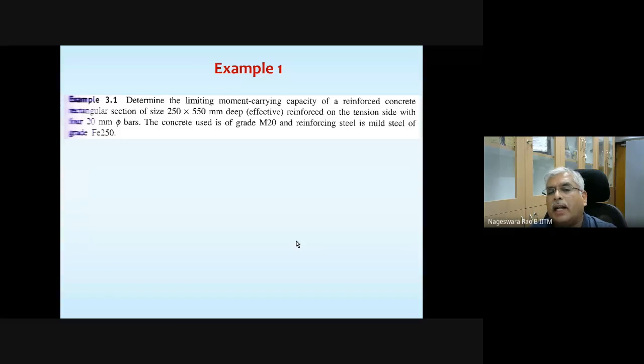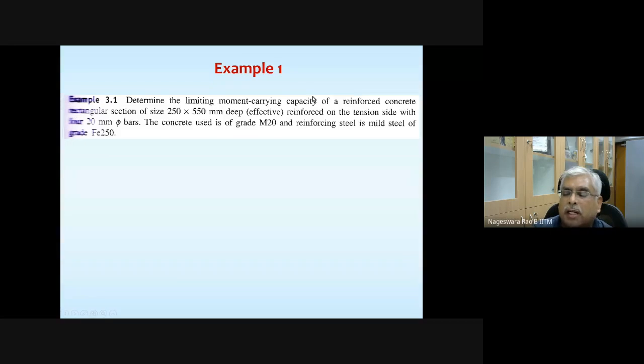Determine the limiting moment carrying capacity of a reinforced concrete rectangular section. Dimensions of the section are given: width of the section, effective depth of the section, and the area of reinforcement. Using M20 grade of concrete and Fe250 steel, you estimate the limiting moment carrying capacity of this section.